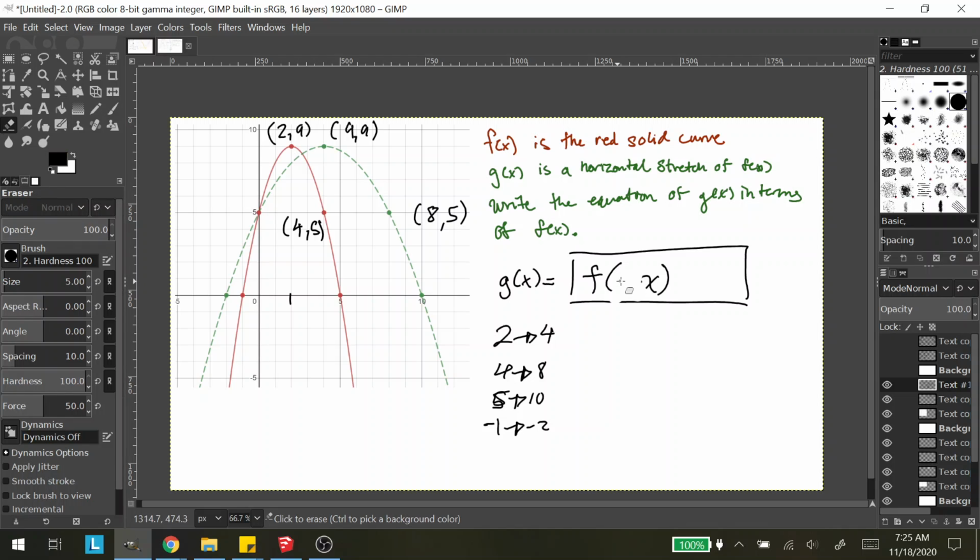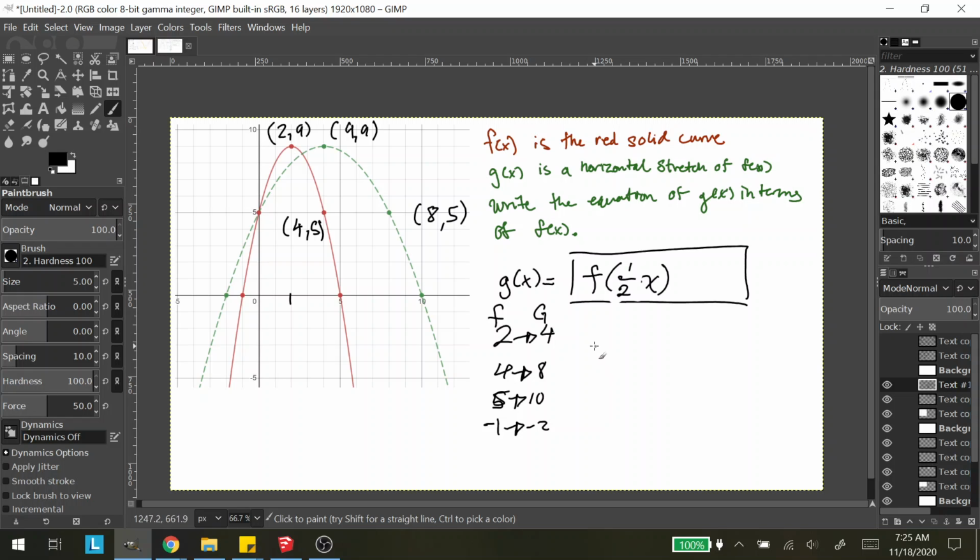We're actually going to be putting a 1/2 there. Remember, this is our f and this is our g. So our original f of x, if I put in a 2 for my original f of x, I'm going to be cutting that in half for my g of x.